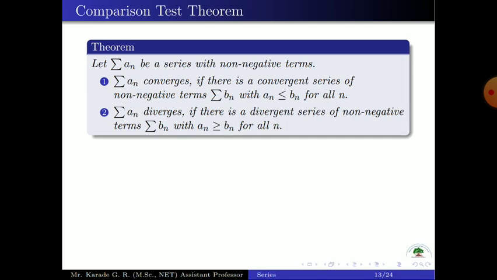The second statement says that summation an is divergent if there is a divergent series of non-negative terms summation bn with an greater or equal bn for all n.